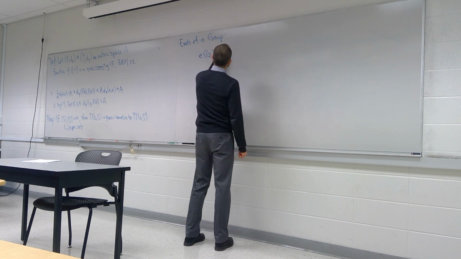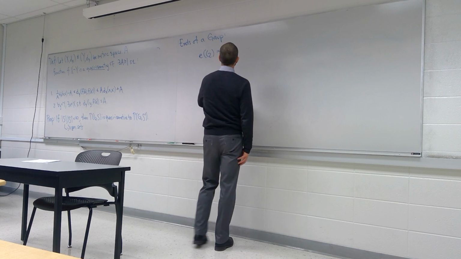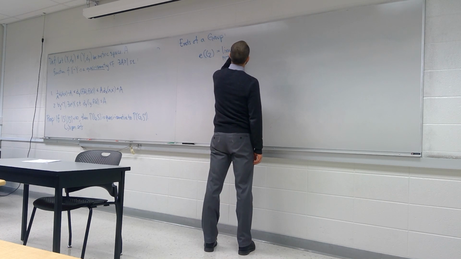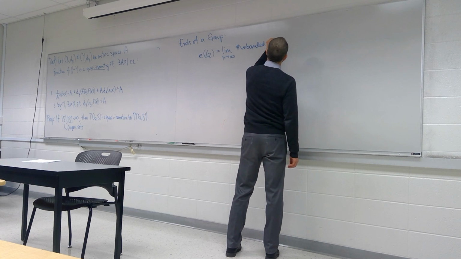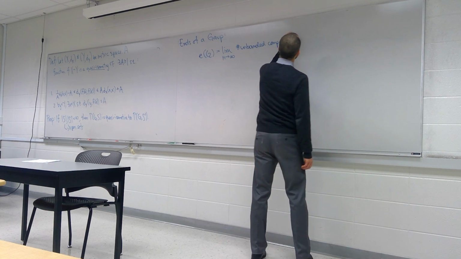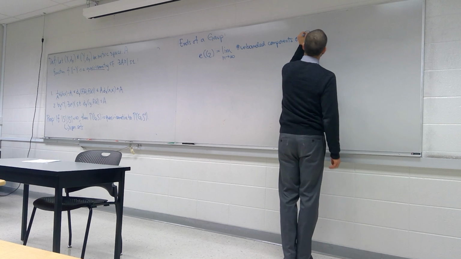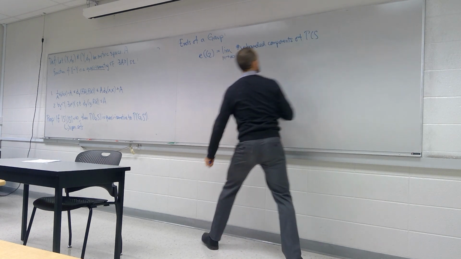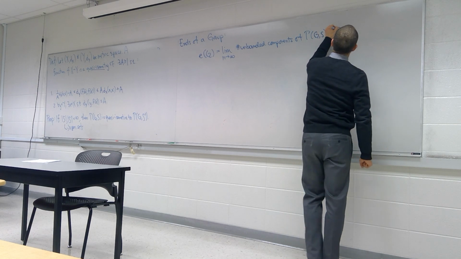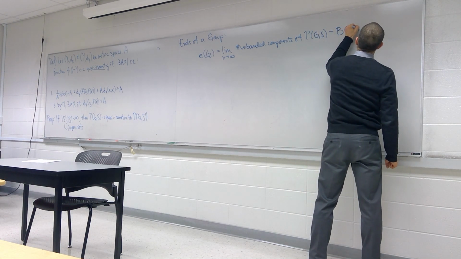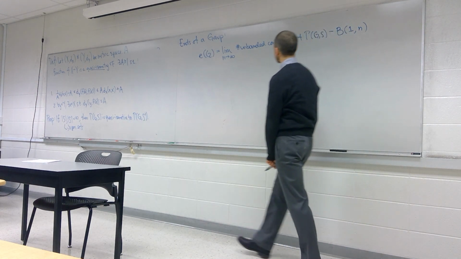Okay, so the definition here is I take the limit as n goes to infinity, and I want to look at the number of unbounded components of the Cayley graph with respect to a generating set, minus the ball about the identity element of radius n.